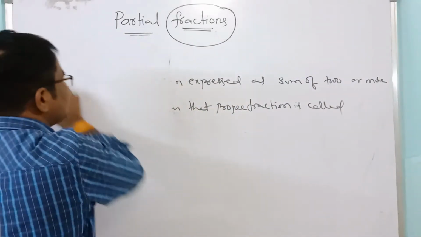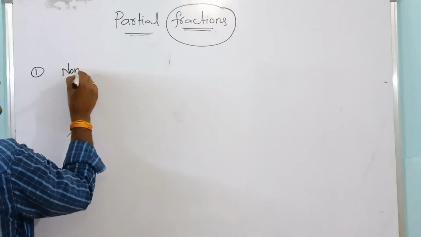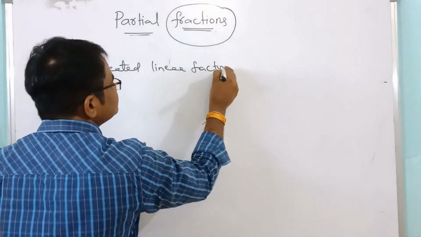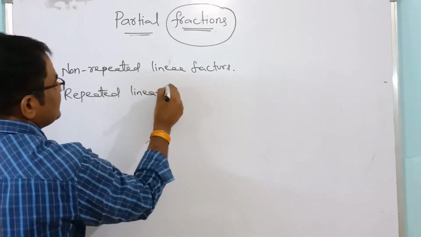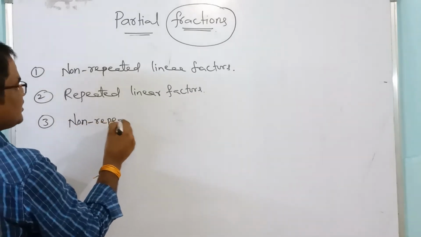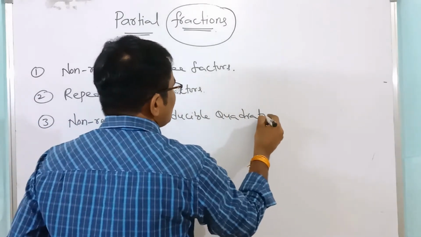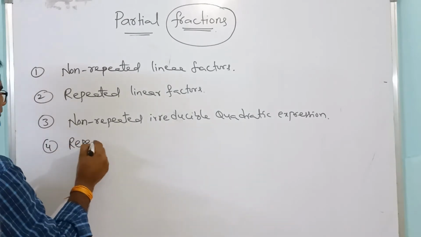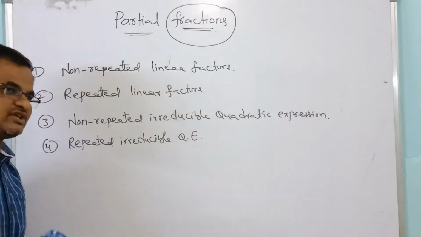Now here there are 4 types of proper fractions. In that, first one is non-repeated linear factors, and second one is repeated linear factors, and third one is non-repeated irreducible quadratic expression, and fourth one is repeated irreducible quadratic expression.